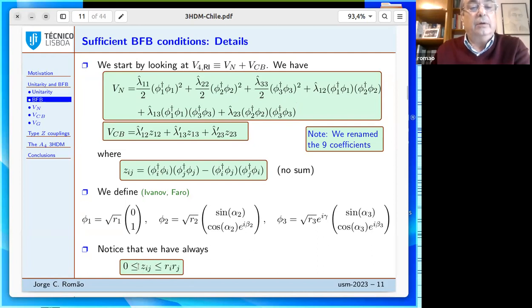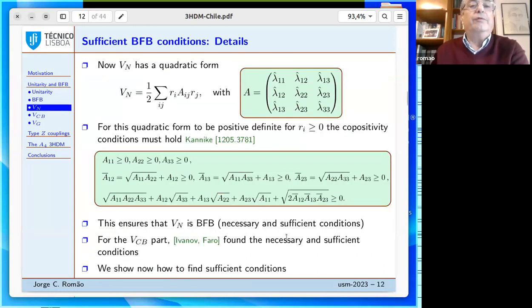One important thing for what follows is that these Zij are bounded. In fact, they are bigger than 0, and they are bounded by the product Rij, where R are these coefficients of the three doublets. Now, with this, we first look at the neutral part of the potential. Then this has a quadratic form in Ri and Rj with this matrix.